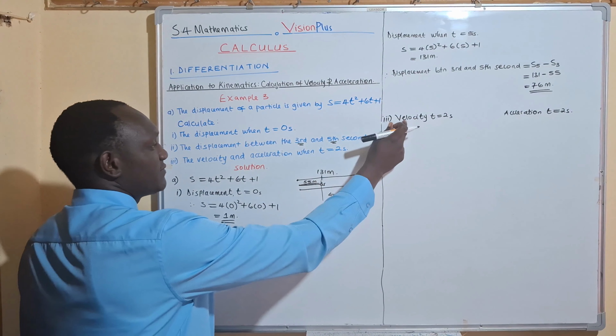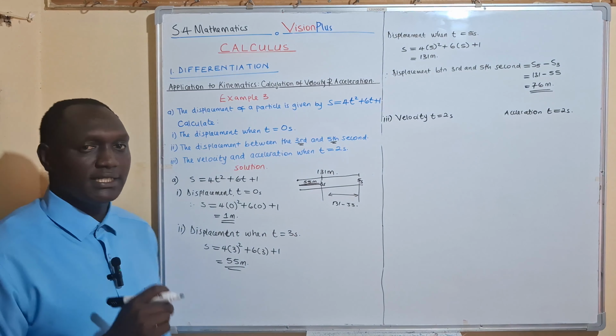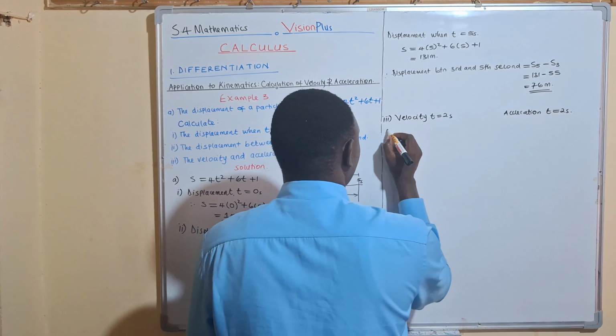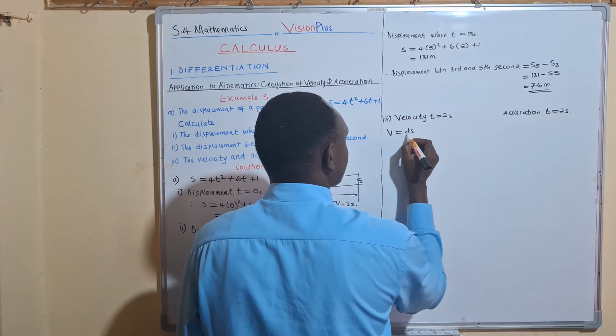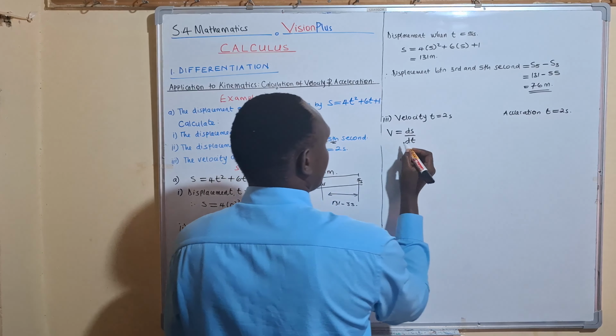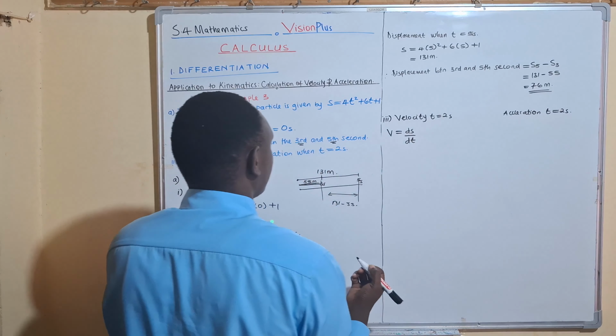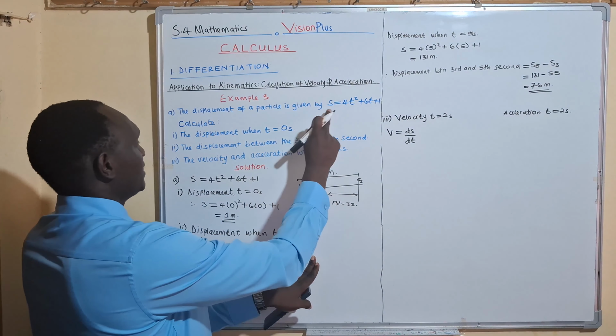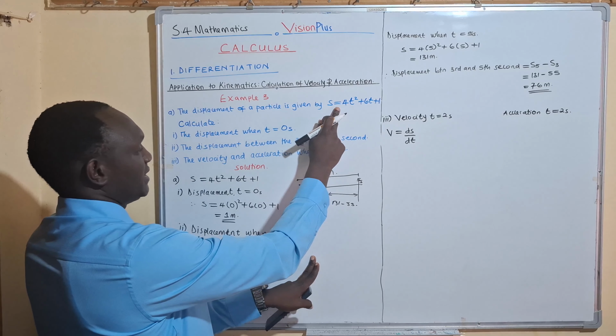Now, what is velocity? Velocity is the rate of change of displacement. This implies that v is ds/dt. This is the rate of change of displacement s with respect to time t. This is the expression for displacement at any time.